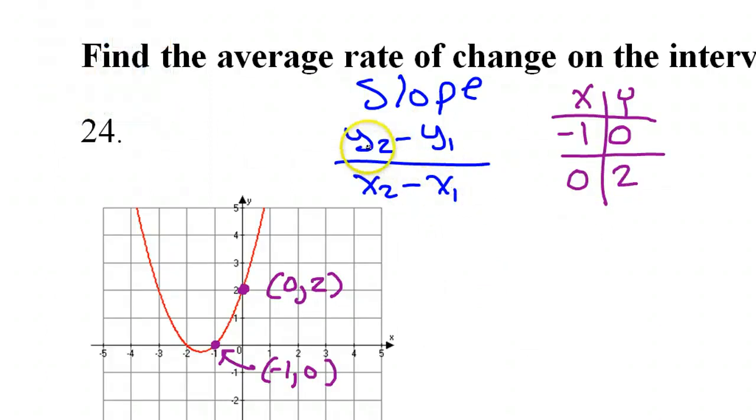So let's get down to it. y2 minus y1. Make sure you're doing the y's on the top. So this is y2 and this is y1. That's going to be 2 minus 0, over x2 minus x1. So that's 0 minus -1. Now be careful. Don't just put 0 minus 1. That's not a 1. You have to put 0 minus -1.